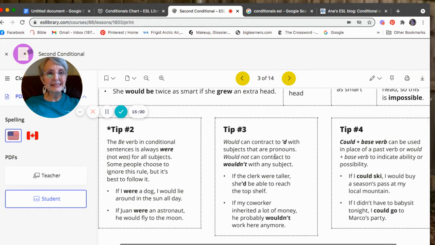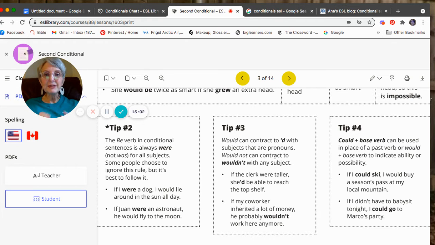So their next tip is that, the contractions where you have that apostrophe, it says would contract to apostrophe D, all right? And would not becomes wouldn't. So they have N apostrophe T. That means would not. Because sometimes these sentences have a not in them.